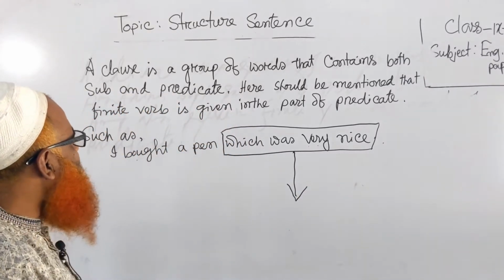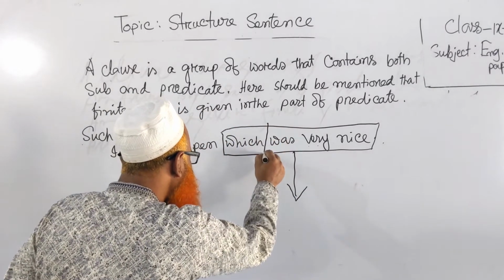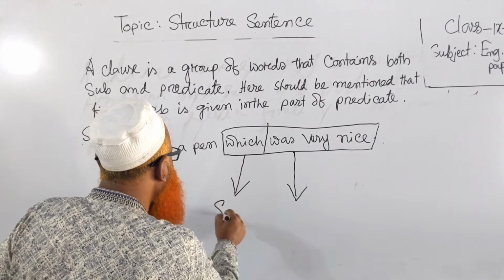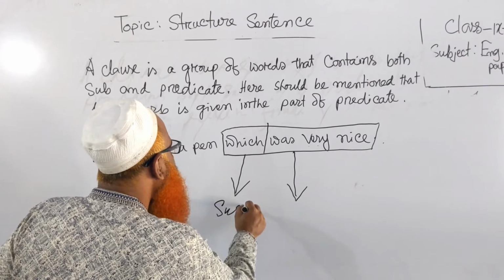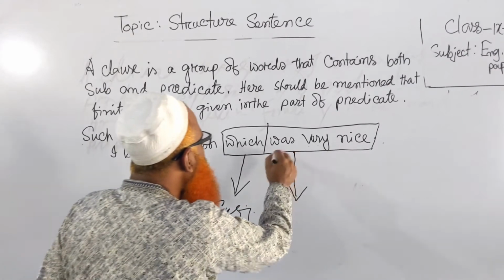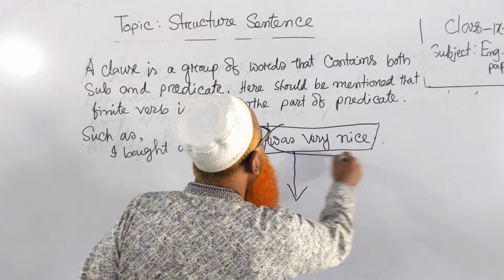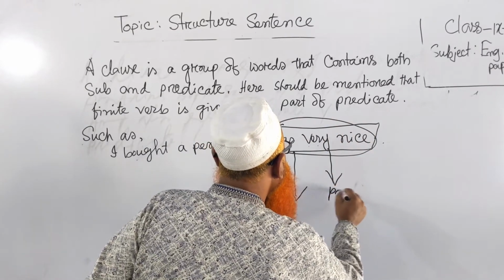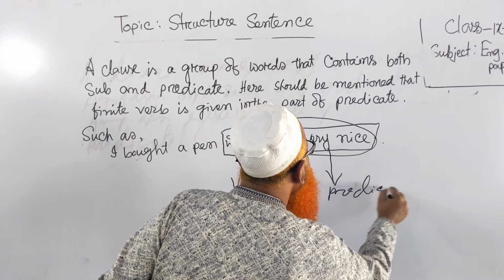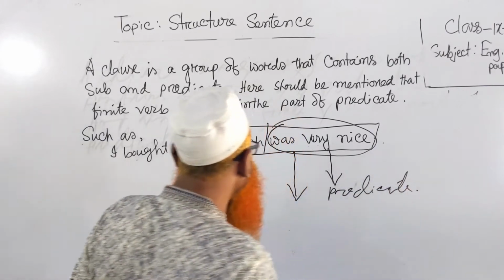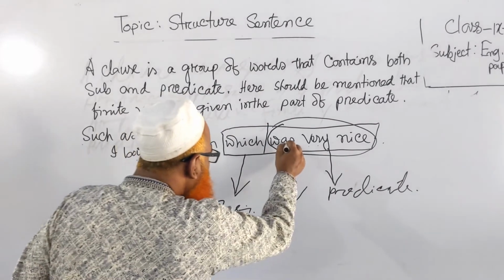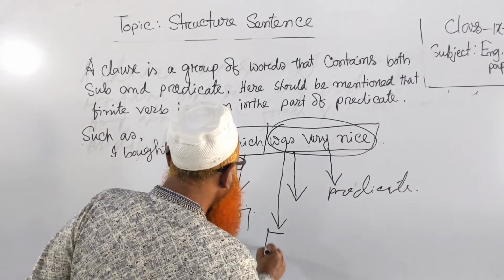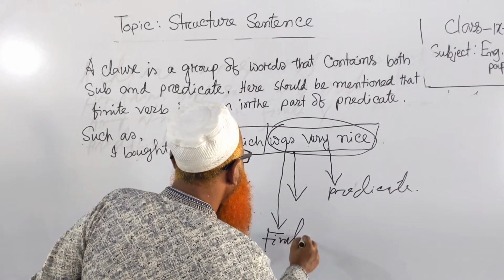In the group of words, which is the subject, and was very nice is the predicate. In the part of predicate, was is the finite verb.